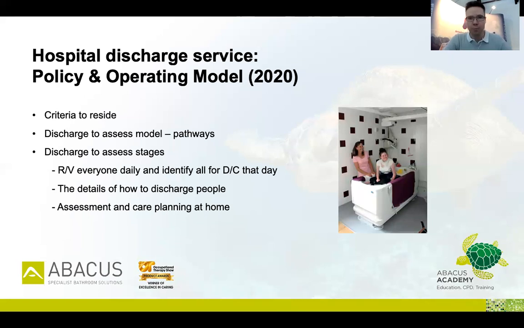Or actually, is it optimizing that person's ability to engage in functional activity or meaningful activity once they get home, with limited support afterwards? But it's really important that we know that that is a criteria to reside. So you don't have to be medically unwell to be in hospital.